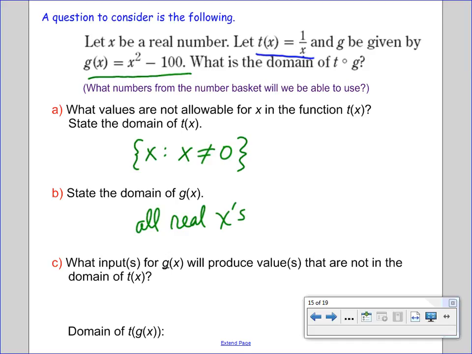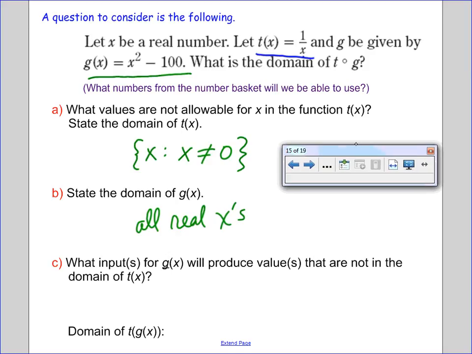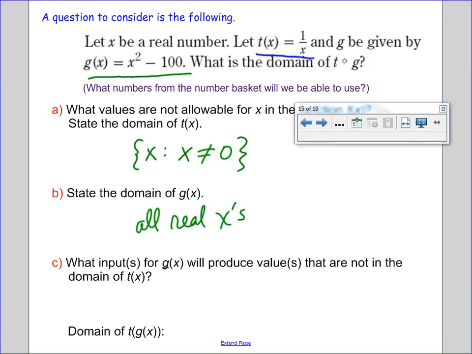All right. Now it gets interesting. Now let's consider the composition of functions. So what inputs for g of x will produce values that are not in the domain of t of x? Well, t of x couldn't have a 0 on the bottom.